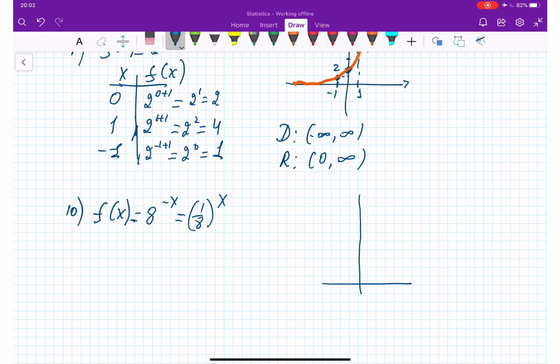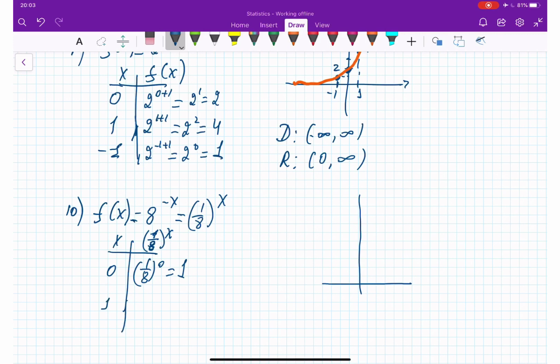So here is x, here is f of x, or 1 over 8 to the power x. Okay, let's take x is equal to 0. So 1 over 8 to the power 0 is equal to 1.